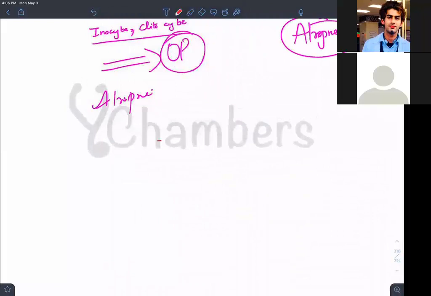So the temperature of the body will increase, that's why you say hot as a hare. Then heart rate will increase. Then dry mouth.